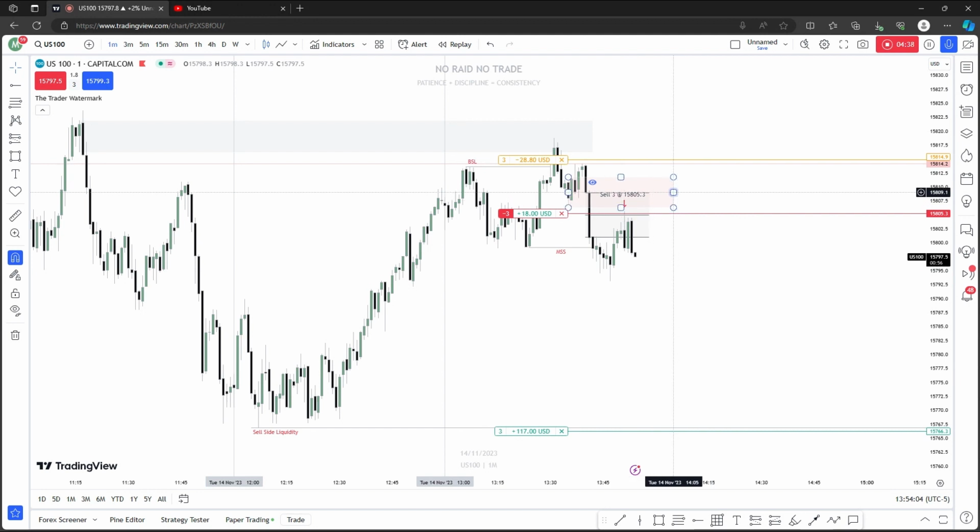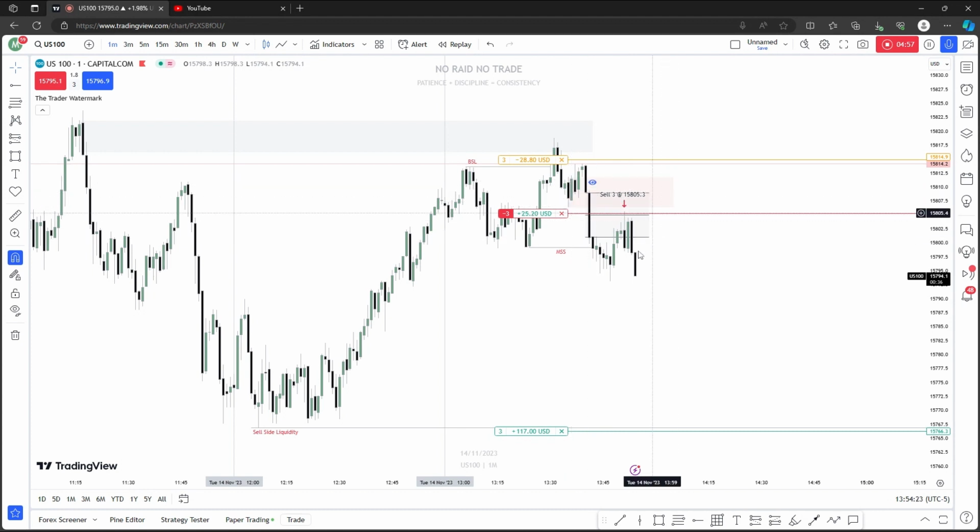So we do have the consequent encroachment, which acts as a first resistance level, the mitigation block, and the higher fair value gap.